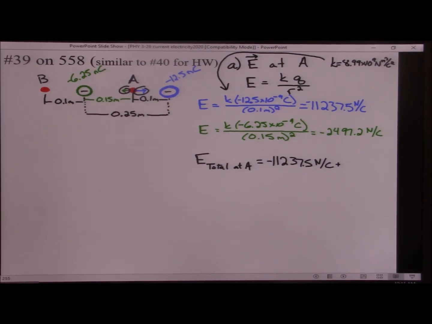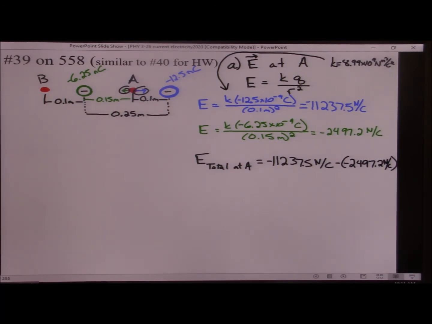It's the difference between them. So they're going different directions, so they're going to subtract from each other. It's minus a negative 2497.2 newtons per coulomb.